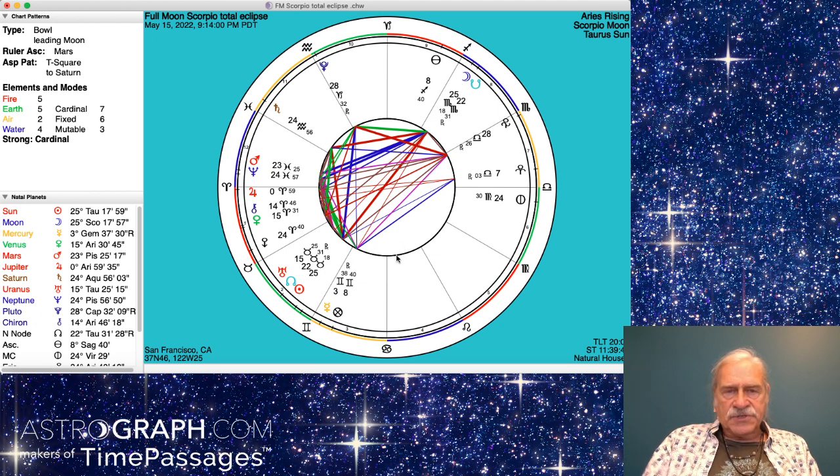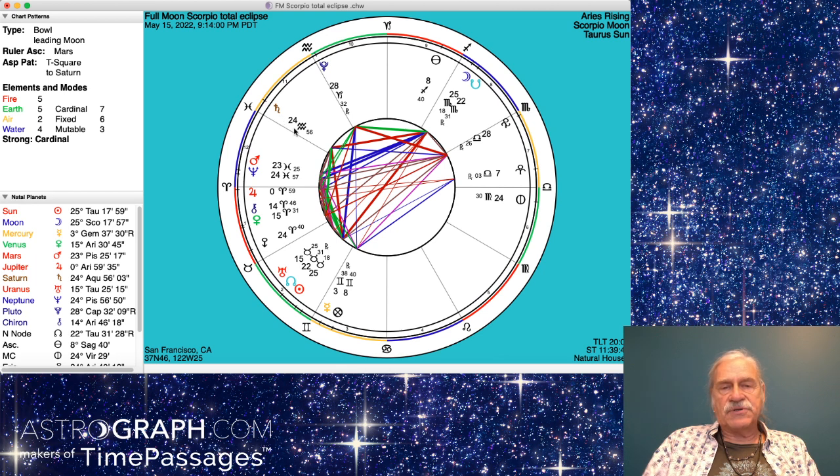And interestingly, we have another very strong eclipse condition here. The previous full moon, which was not an eclipse, was close to a T-square to Pluto. And this eclipse full moon is a T-square very close to Saturn.